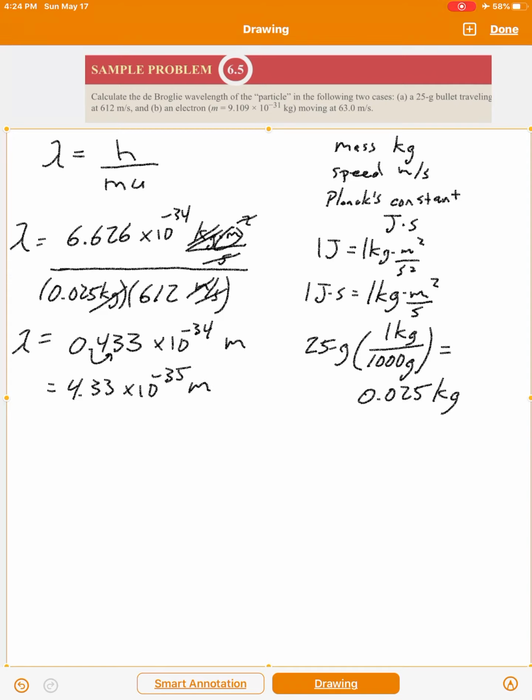Now, they don't ask you to consider this answer in any way, but it turns out that it is so short, much shorter than any electromagnetic wave.